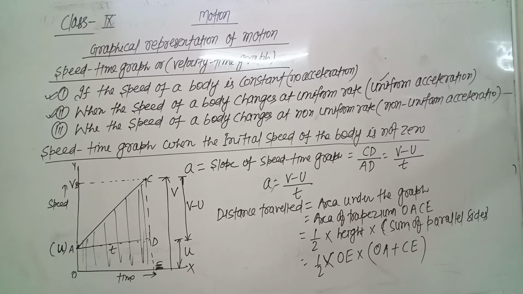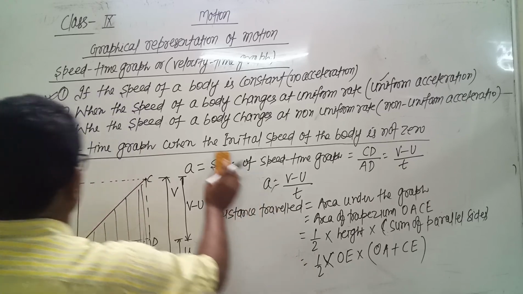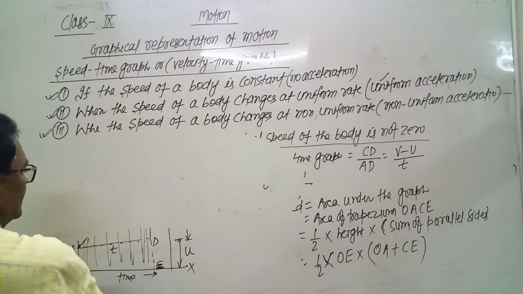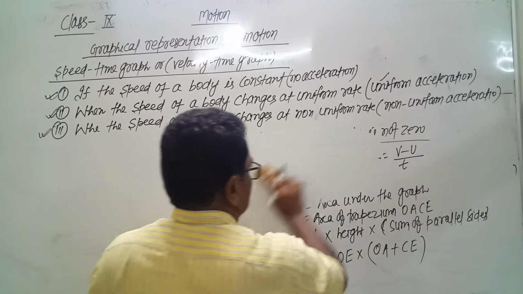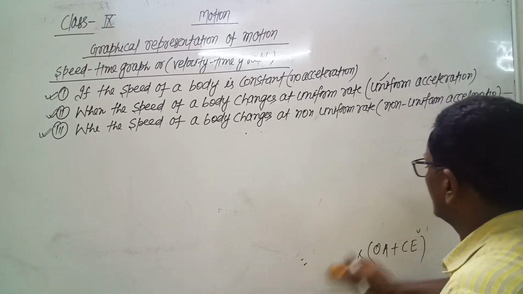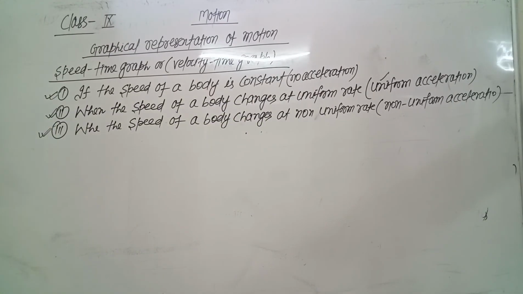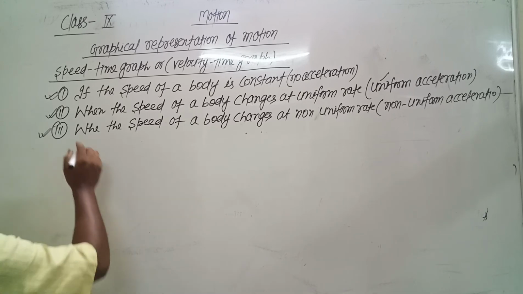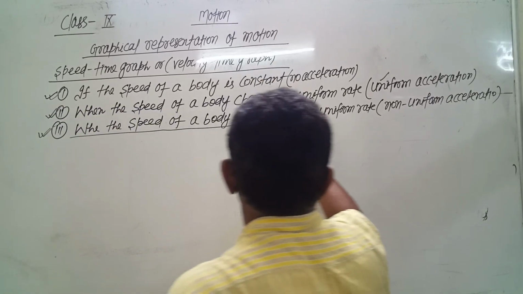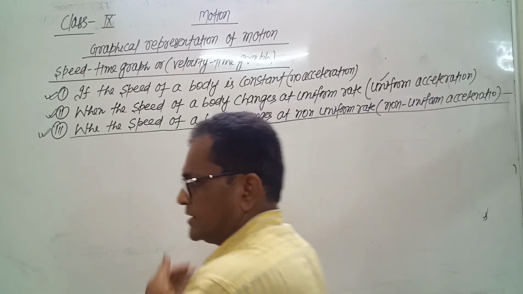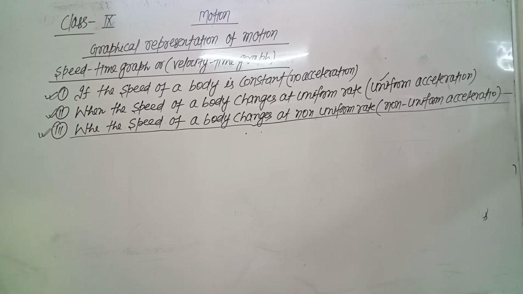Now we will see the last case, when the speed of a body changes at a non-uniform rate, the non-uniform acceleration. When the speed of a body changes at a non-uniform rate, then the acceleration produced is called non-uniform acceleration.